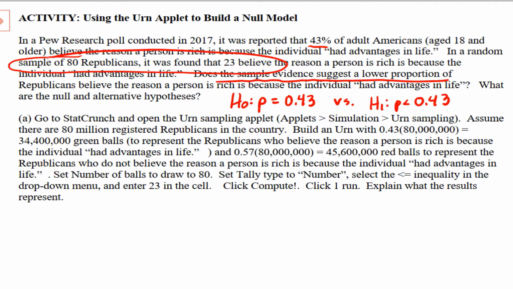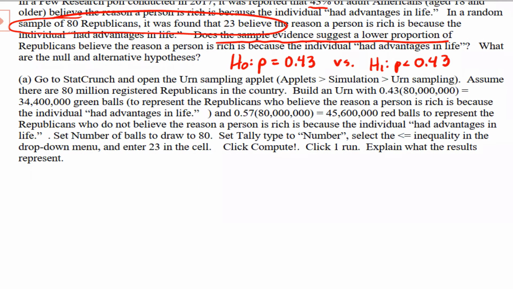The problem is that unfair coins don't have intuitive appeal. And so instead of using the coin, we're going to use what's called the Urn Applet. The Urn Applet literally allows us to build out this population under the assumption the statement in the null is true. So that's laid out for you right here. So I'm going to read this to you.